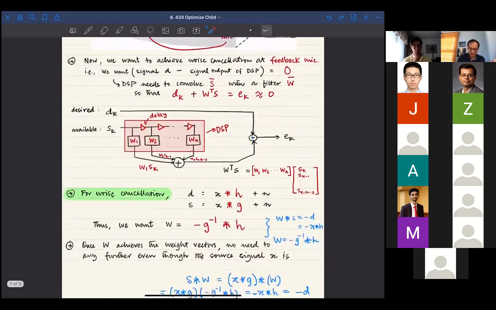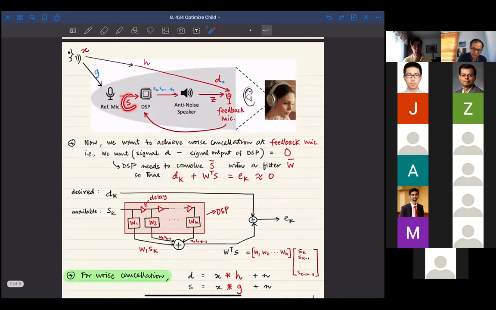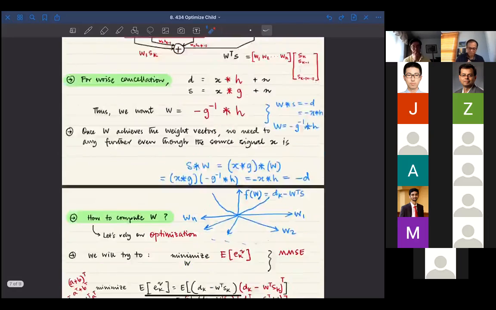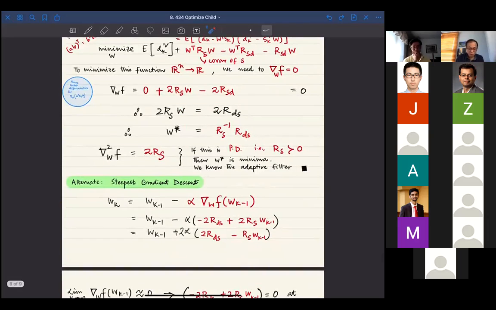So this RSD captures this joint variation of S and D. So if you know how the S and D jointly varies, and if you know how S varies by itself, then you can find W star.